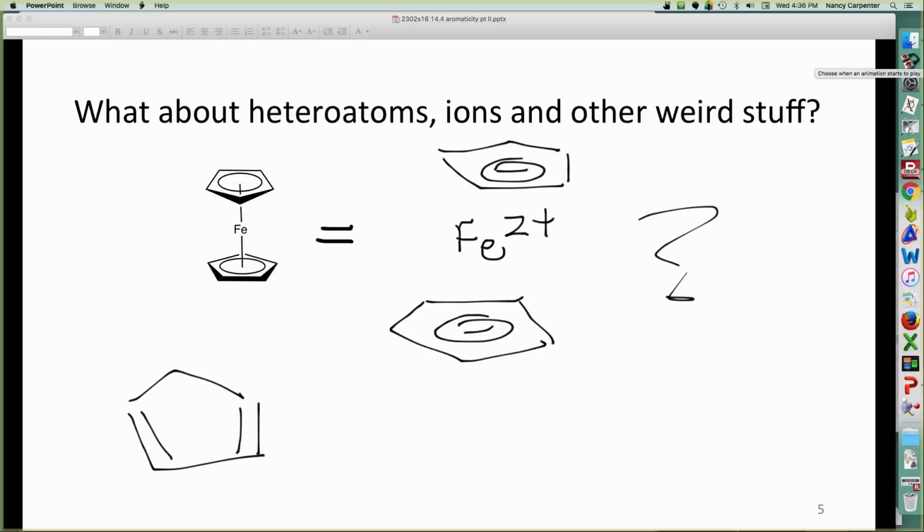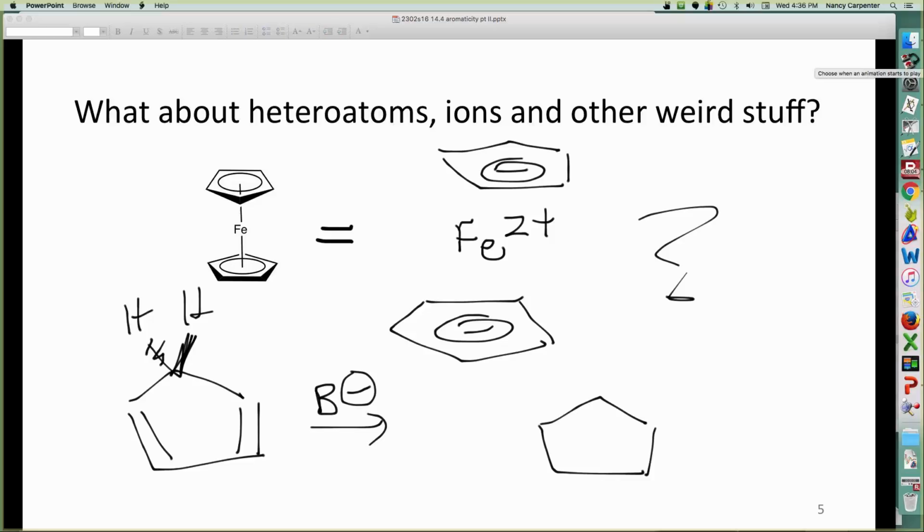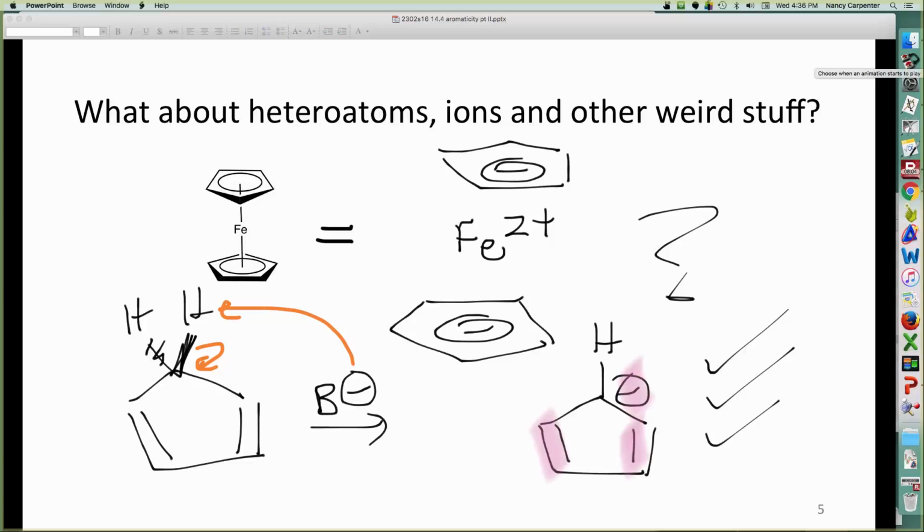Here's cyclopentadiene. It turns out that cyclopentadiene has just about the same acidity as water. So it is super, super easy to take a base and deprotonate cyclopentadiene, because that particular conjugate base is cyclic, it's planar, it's conjugated, and it has 2, 4, 6, the right number of electrons to make it aromatic.